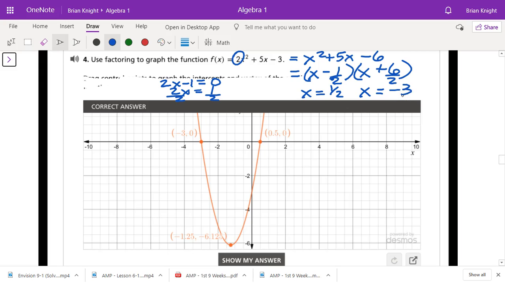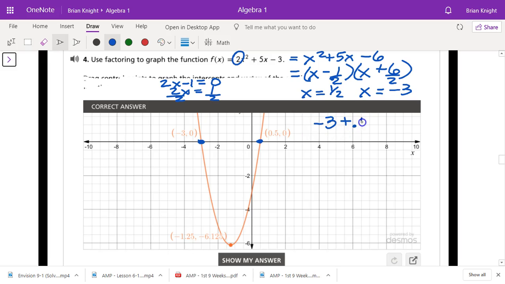Is everybody understanding that? You don't have to move it if you're not finding the factors. If you're finding the factors, you have to move it. But if you're just solving it, you don't have to move it. Okay? So I know right now we got 1/2, which they already have right there, and negative 3, which is right there. And then you figure out the halfway point between negative 3 and 0.5. So I add them up.